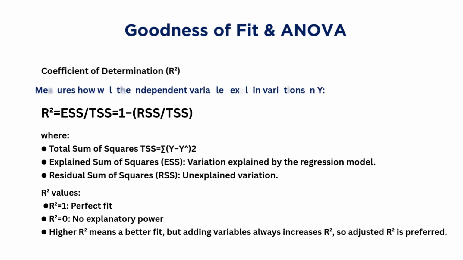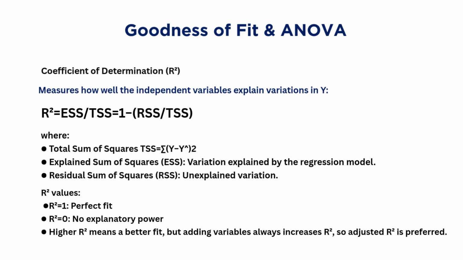Here TSS is the total sum of squares, ESS is the explained sum of squares, and RSS is the residual sum of squares. Here we can write R square is also 1 minus RSS by TSS.